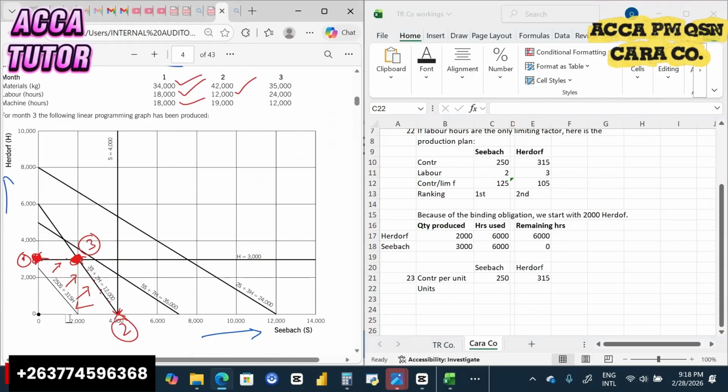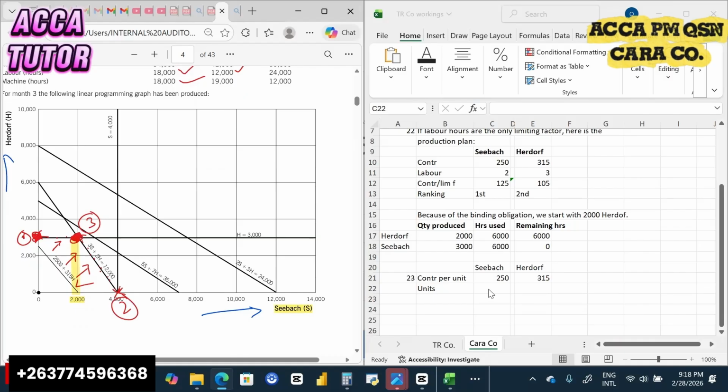Yes, sir. This is the 2,000 we are talking about for the C batch. Why? Because this line tells us the C batches, and remember the C batches are on the horizontal axis.